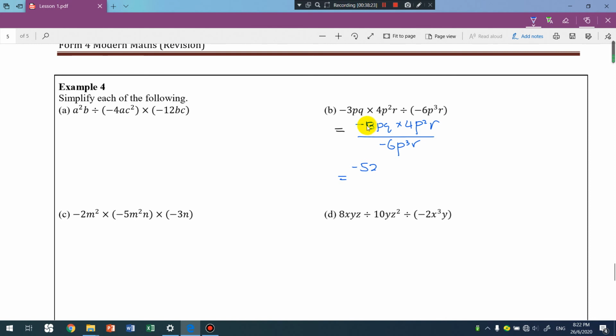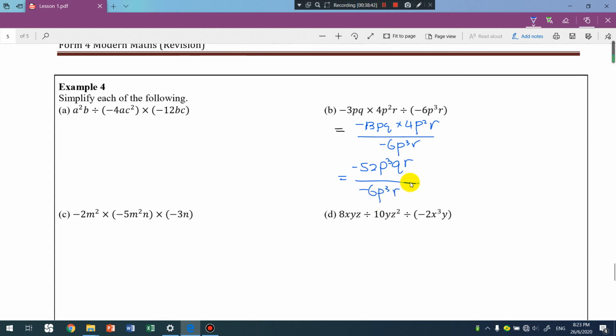Okay, sorry, this is 13. P times p squared, p cubed. So q and r. Okay, the denominator we just copy, negative 6p cubed r.